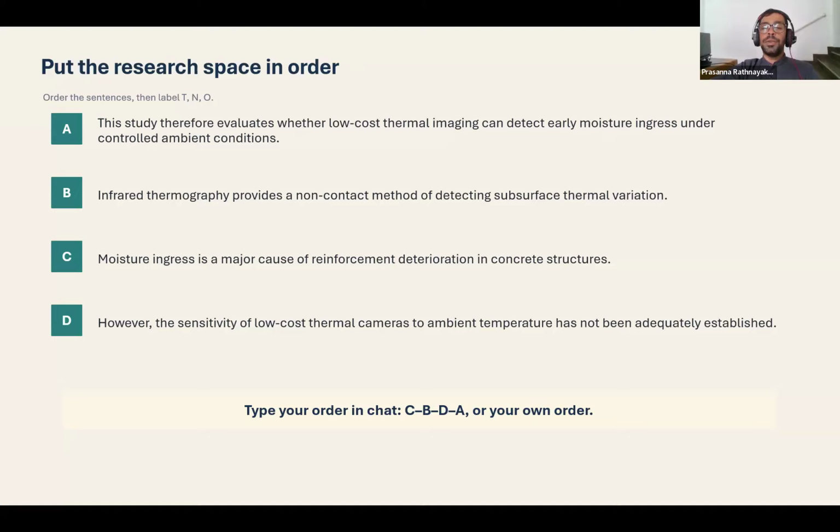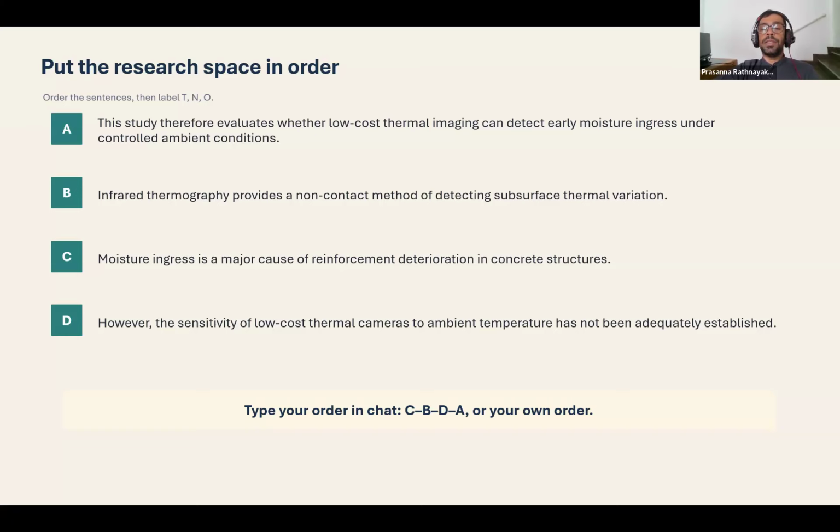Now, when you respond, do not worry about perfect punctuation, right? We actually are looking for a movement from where to where. Which sentence gives the broad problem, which narrows the method, which creates the niche, which occupies it? That's the answer.